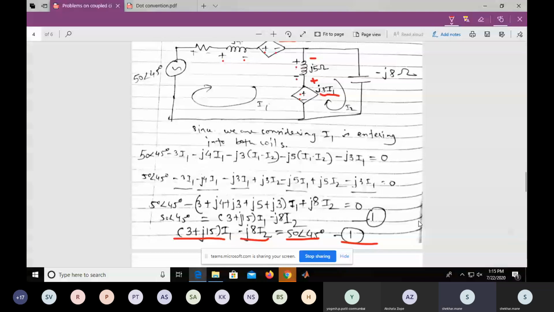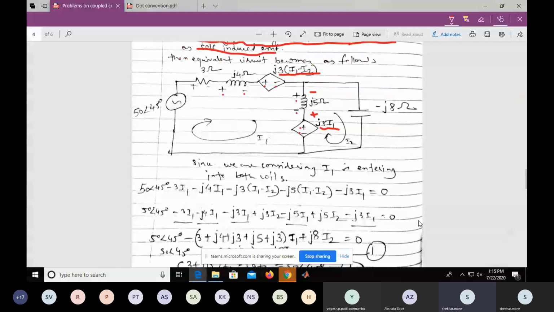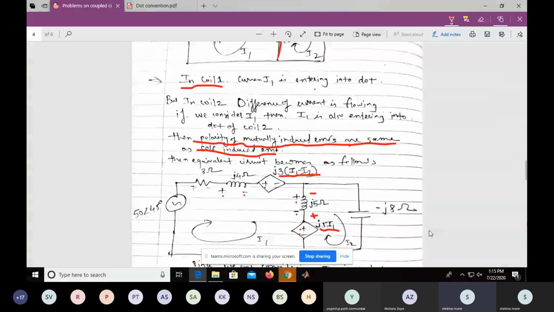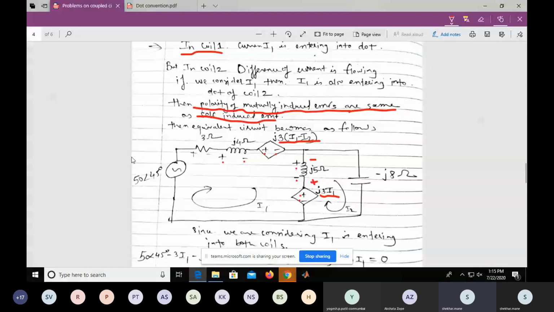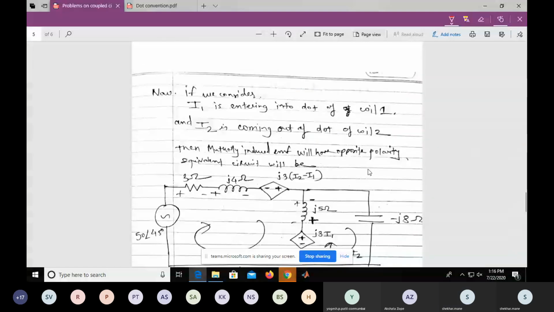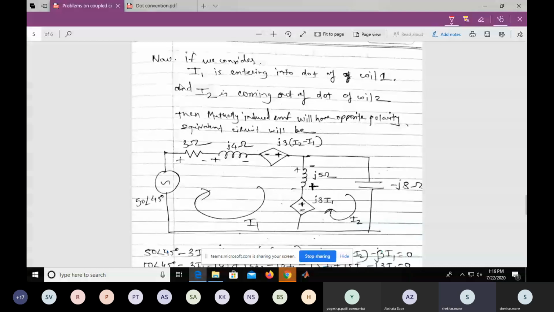Now let's see what will happen if we consider I2. Suppose instead of I1, we consider I2 coming out of the dot of coil 2, what will be the circuit? This is just for your understanding.